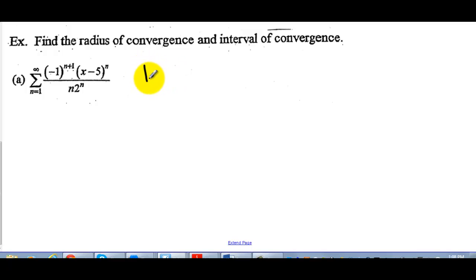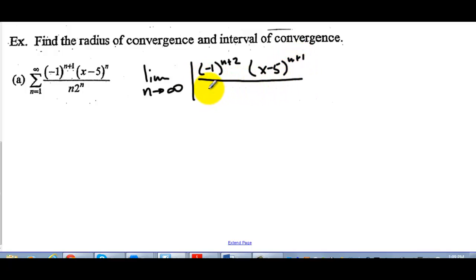So we'll do the ratio test to find out what's left after we divide this term by its previous term. So we have the limit as n approaches infinity of the absolute value of negative 1 raised to, if n is going to change to n plus 1, this will be n plus 2, times (x minus 5) raised to the n plus 1 all over (n plus 1) times 2 to the n plus 1.